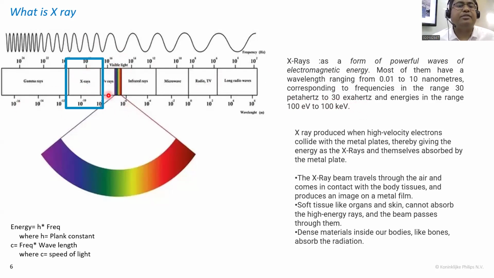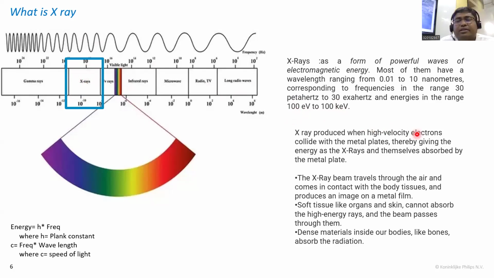This is the range of X-ray. So it's the same electromagnetic radiation or electromagnetic wave of this particular frequency, and it has an energy in the band of 100 electron volt to 100 kilo electron volt.